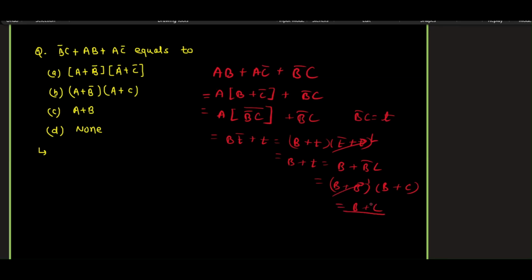We will be left with B plus C. I'm sorry, this was A actually, not B. So it is A plus C. Sorry for the confusion. I'm solving it again.